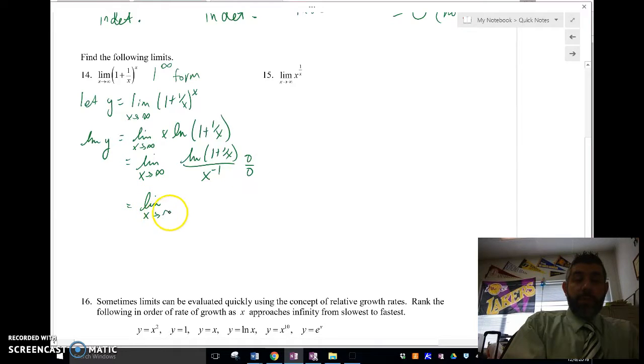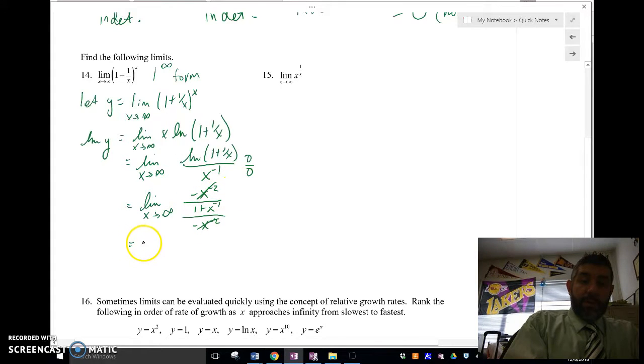The derivative of ln of 1 plus 1 over x is going to be 1 over the inside, times the derivative of the inside, which is negative x to the negative 2. And the derivative of the bottom is negative x to the negative 2. Notice that these cancel out, and I get the limit as x approaches infinity of 1 over 1 plus 1 over x, which is just going to be 1.